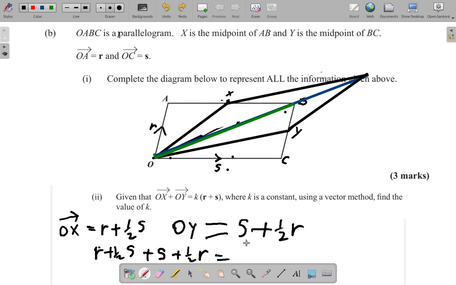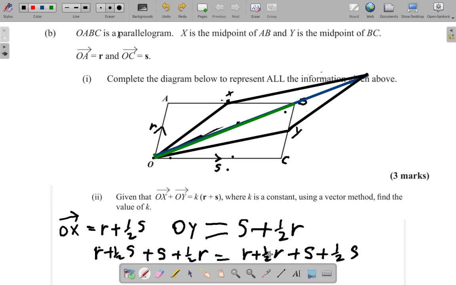Let's put the like terms together, R with R and S with S. There is R plus half R plus S plus half S. You see that?